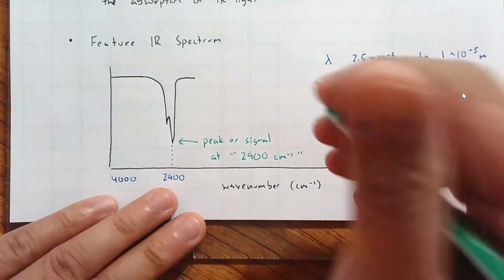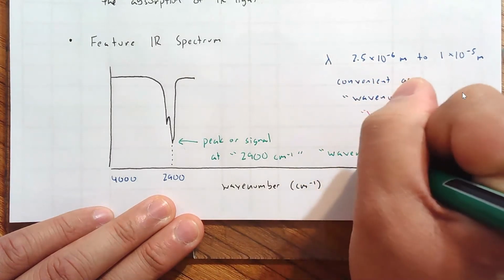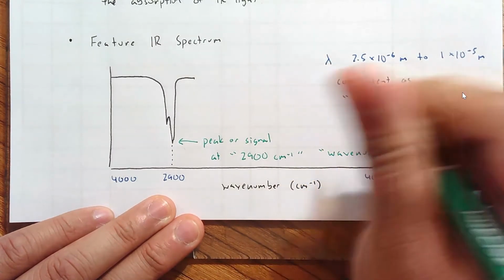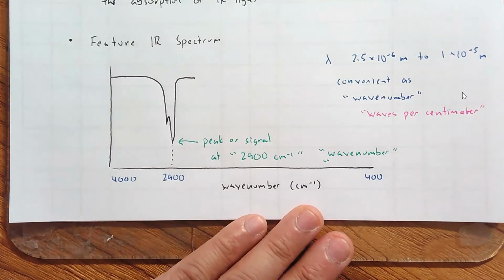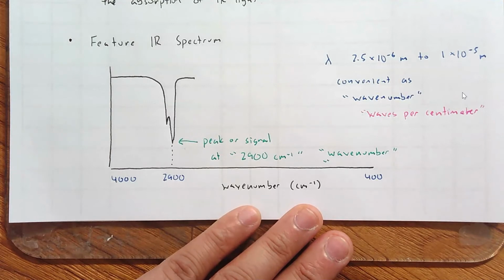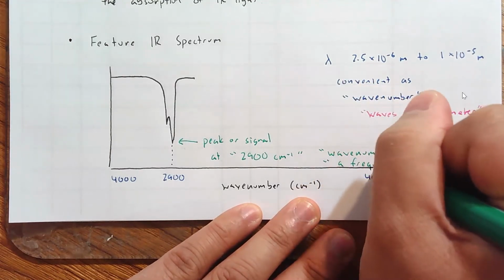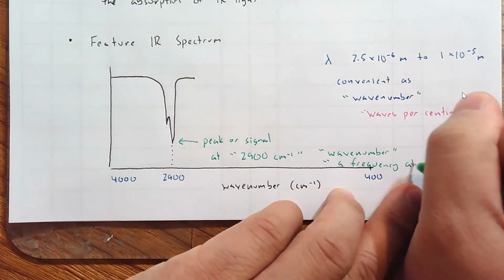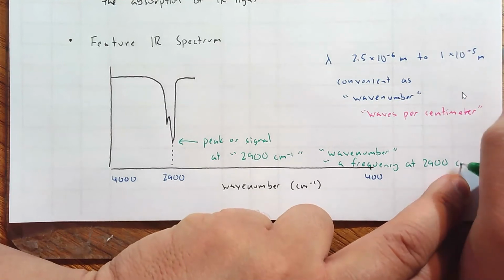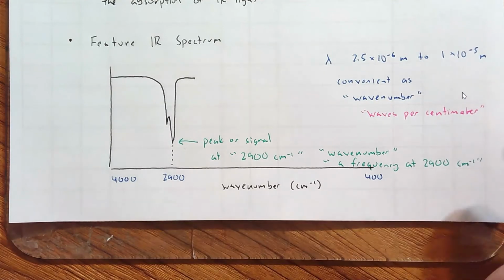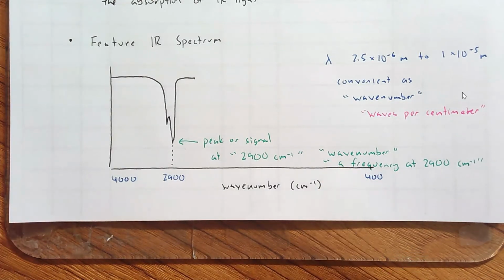We could call this a wave number, but a lot of times chemists just call it frequency, a frequency at 2900, or 2900 inverse centimeter. So those terms are interchangeable, wave number and frequency.